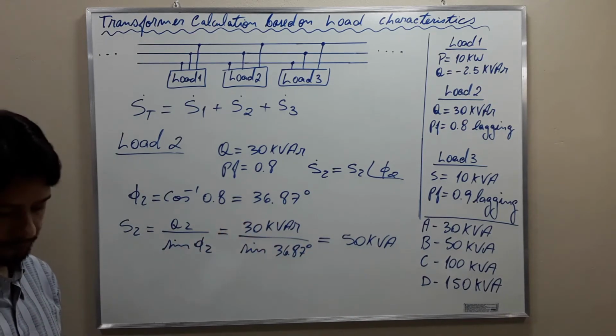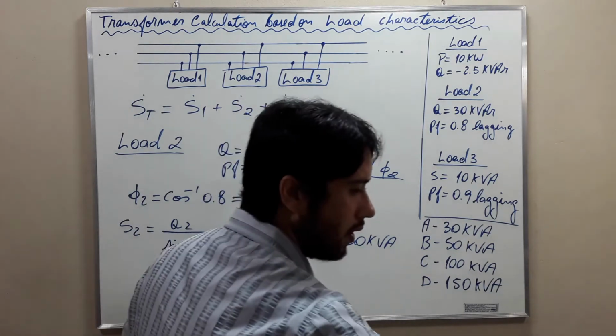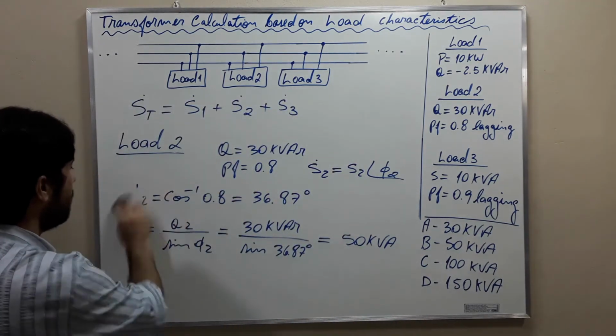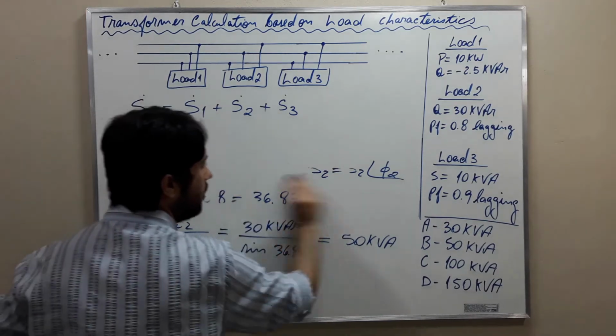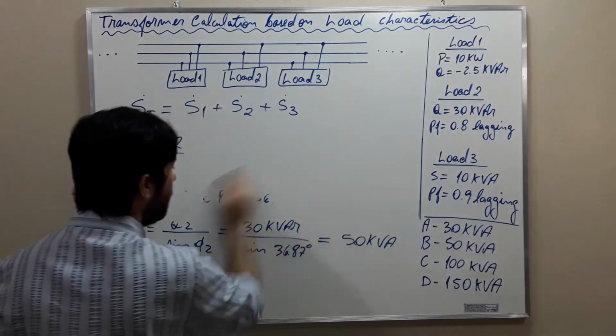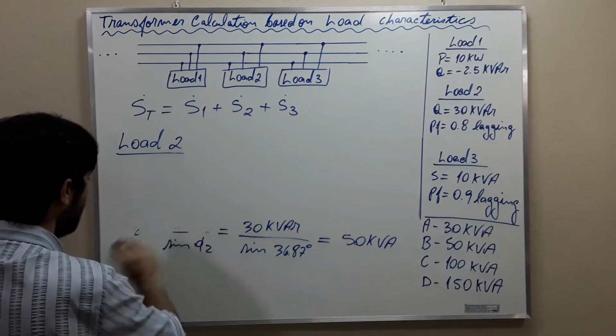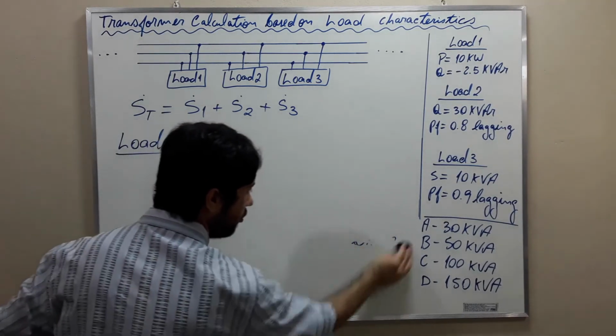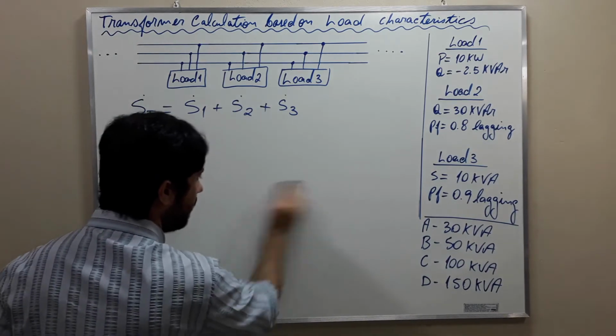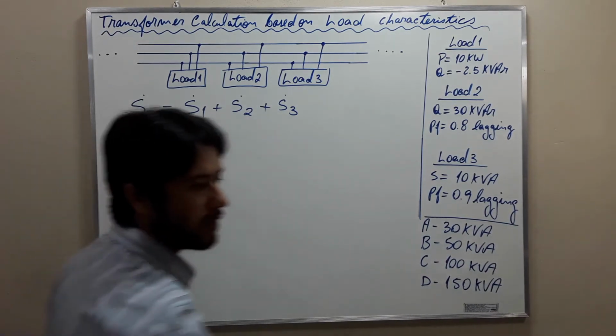50 kVA, 36.87 degrees. The apparent power of the second load and the angle make up the complex power. The complex power is not the apparent power. The apparent power is the magnitude of the complex power.